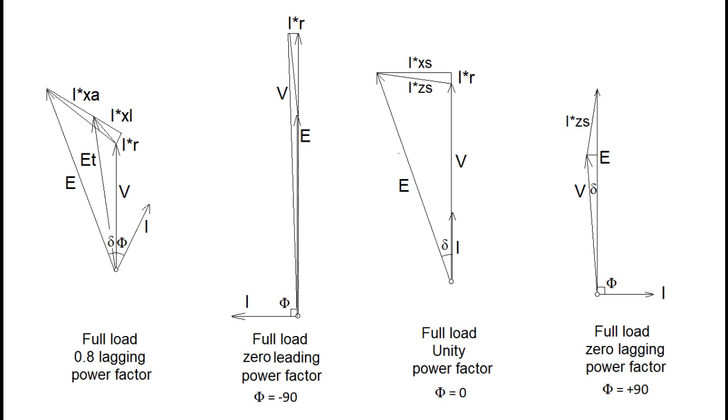Starting with the armature resistance drop that is in phase with load current, it is a very small portion among the other voltage drops. Next is the inductive reactance of armature windings. This is in phase quadrature with load current. This inductive reactance drop is 3 to 4 times the resistance drop on comparing RMS values of voltage drops.